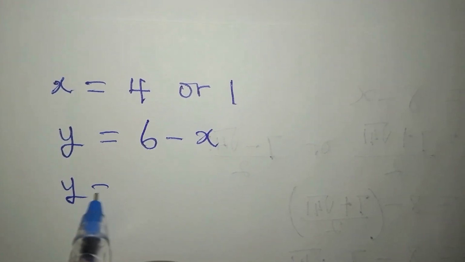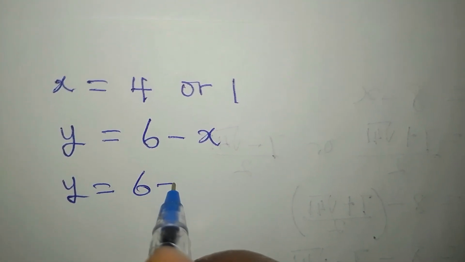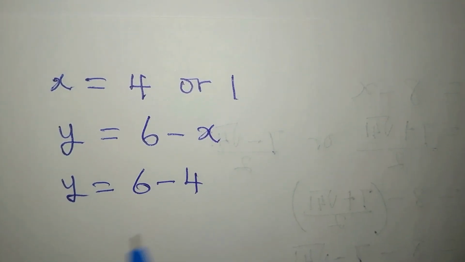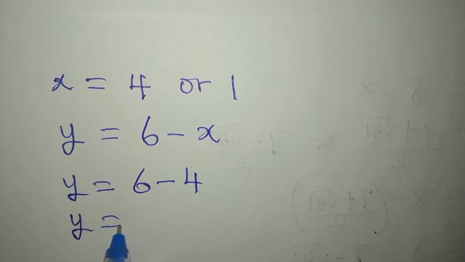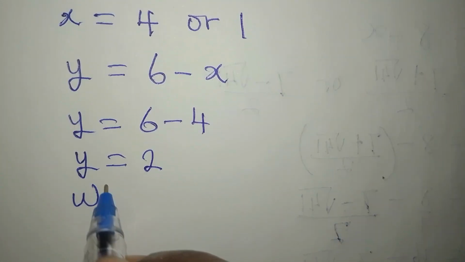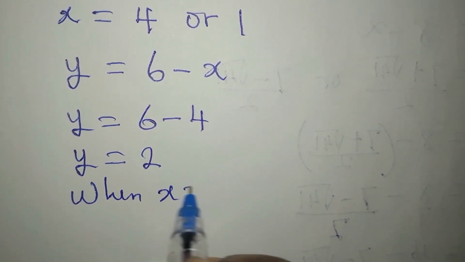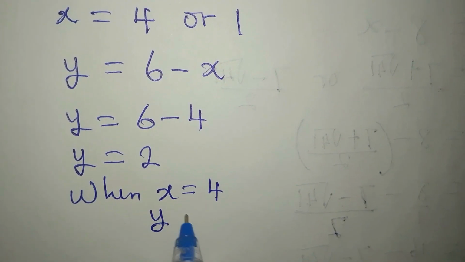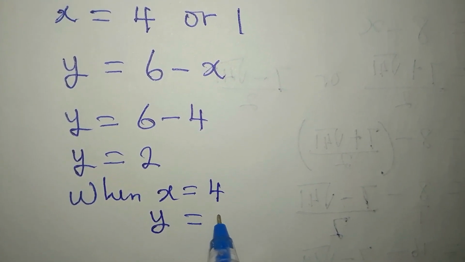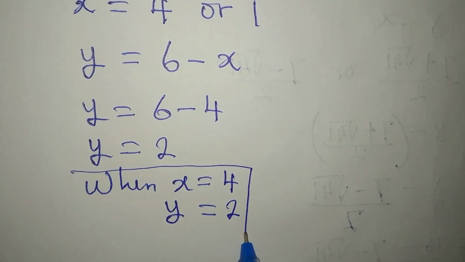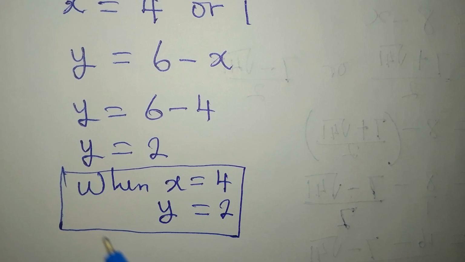Now our y will be 6 minus 4. The first value of x is 4, so I'll write 4 there. And then y is equal to 2. This means that when x is equal to 4, y is equal to 2. Now we're going to verify with this, but let's get the other solution first.